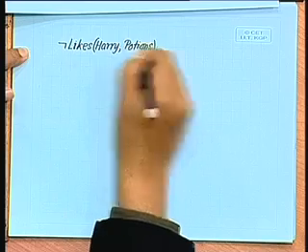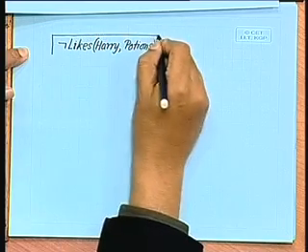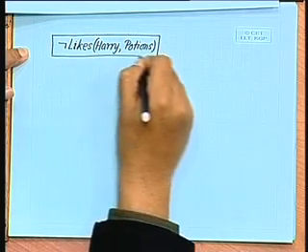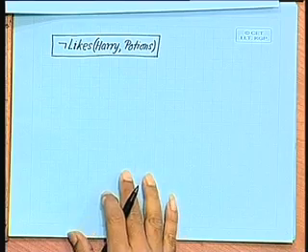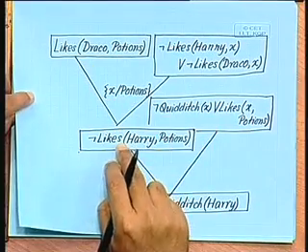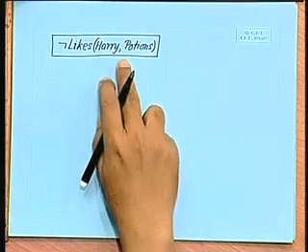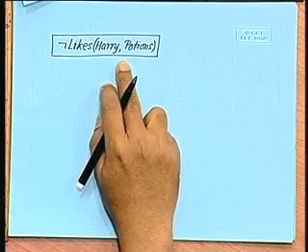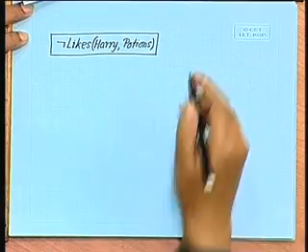This is something which we have already deduced, so I can use it again to resolve with other clauses. This we have already deduced from these two, so it is now there in the knowledge base.